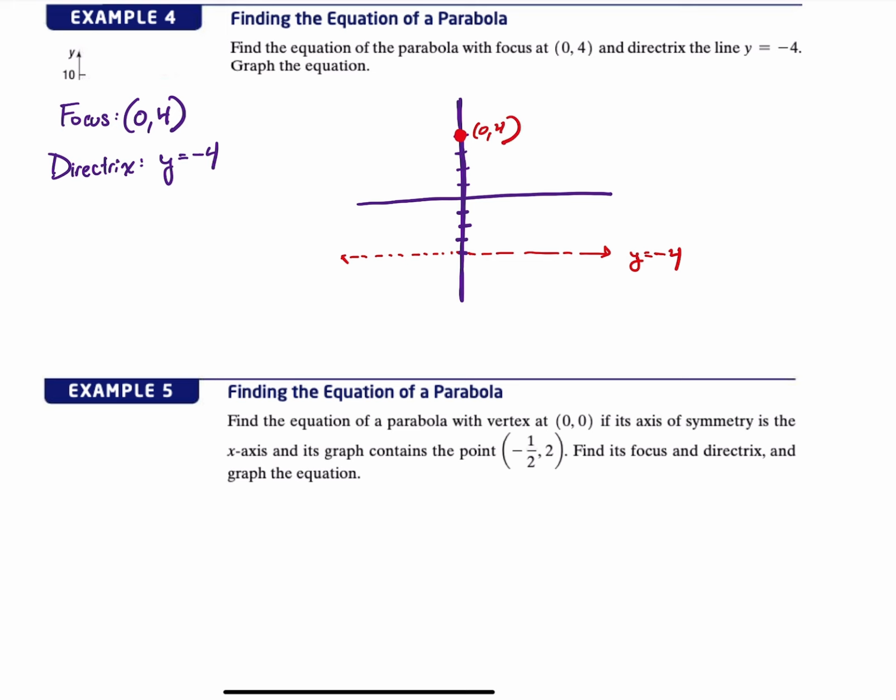Well, the vertex is always in between the focus point and the directrix. It should have the same distance between the two. So this places it again at the origin, which goes along with our theme so far, but it may not necessarily be at the origin. But if you're just given the focus and the directrix, you can find essentially where they would meet. What's the point in between? So our vertex is at 0, 0.